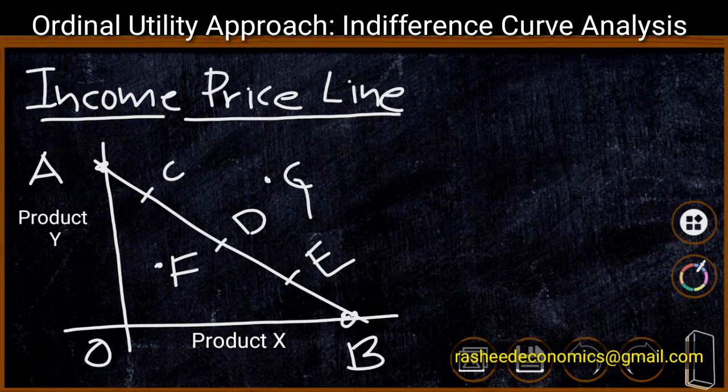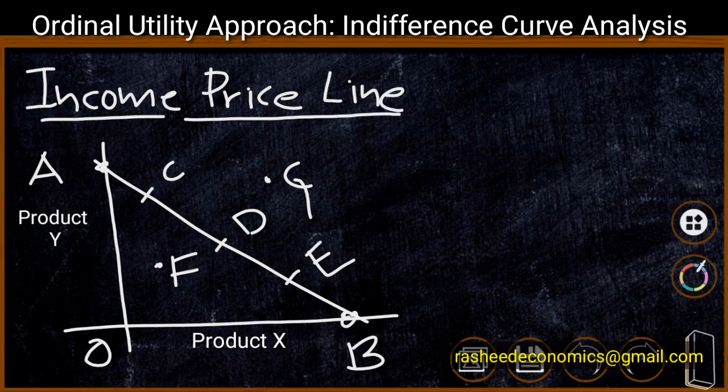This point is also not possible for the consumer because his income is limited up to the level AB. Above AB is not a point available to the consumer because his income does not permit him to purchase such a point.